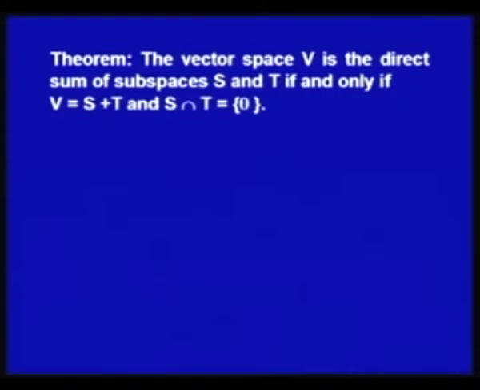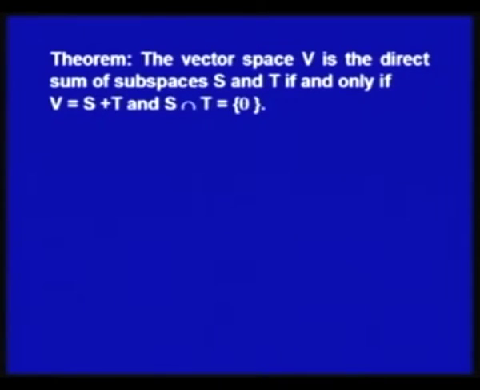Now, we state a theorem. According to this, the vector space V is the direct sum of subspaces S and T if and only if V is equal to S plus T and S intersection T is equal to the null vector 0.